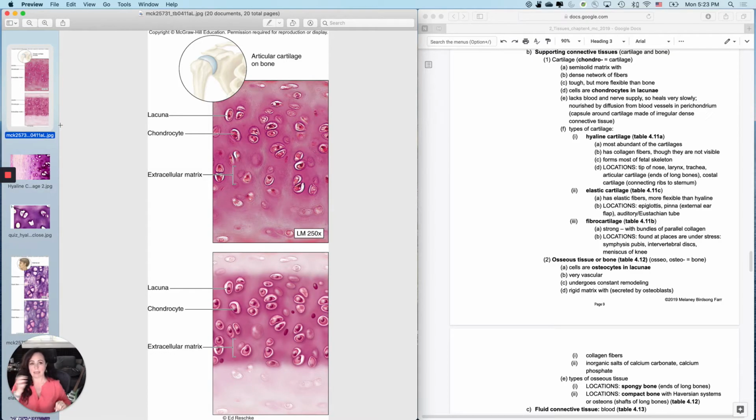Okay, all right. So the supporting connective tissues include cartilage and bone, and there are 3 types of cartilage, but they all have some things in common. What they have in common is that the matrix, all of this part right here that isn't cells, is semi-solid.